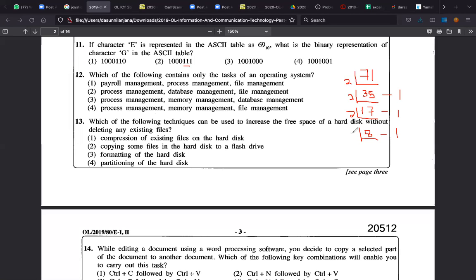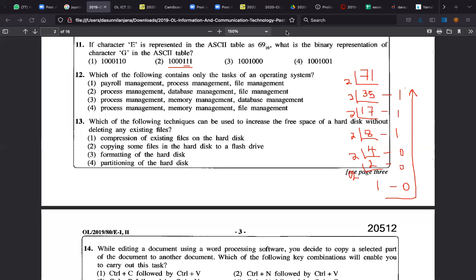Let's calculate anyway. 8 divided by 2 is 4, remaining 0, divide by 2 again, 2 remaining 0, divide by 2 again, that is 1 remaining 0. When you get the 1, you can take it like this. It is 1000111.